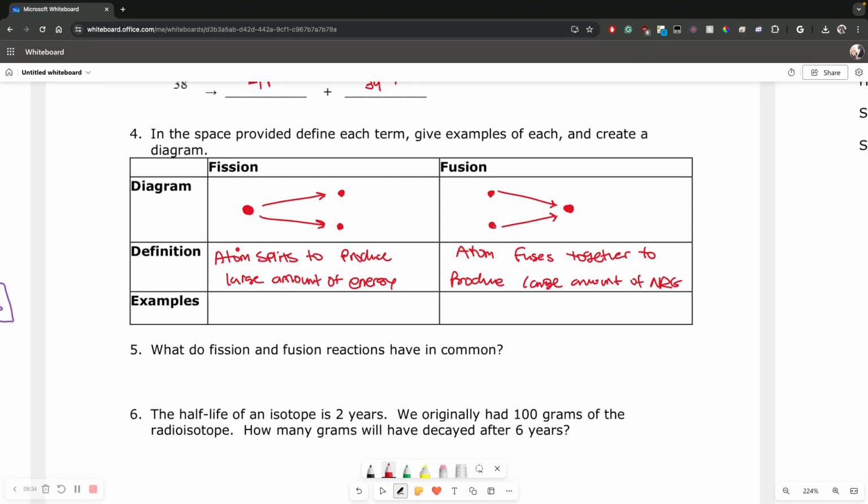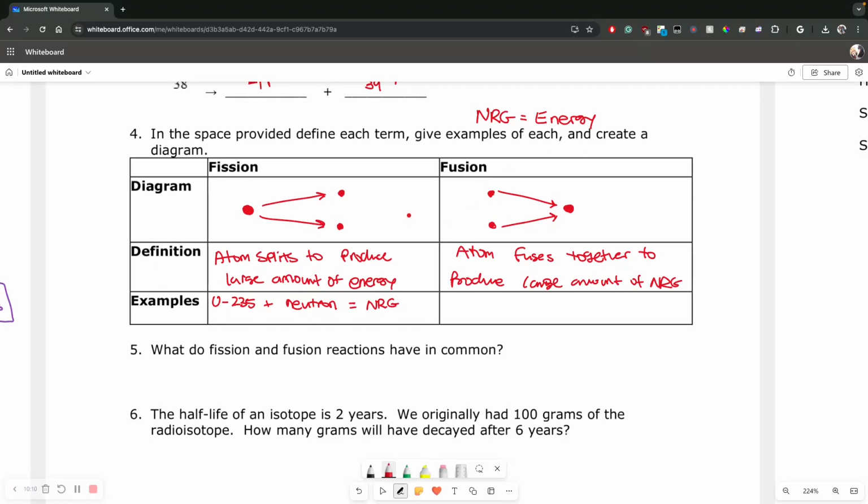And so an example of these would be, I don't know that you need to know specific chemical fission examples, but you could technically do uranium 235 plus a neutron equals energy. And in this case, energy is literally energy.